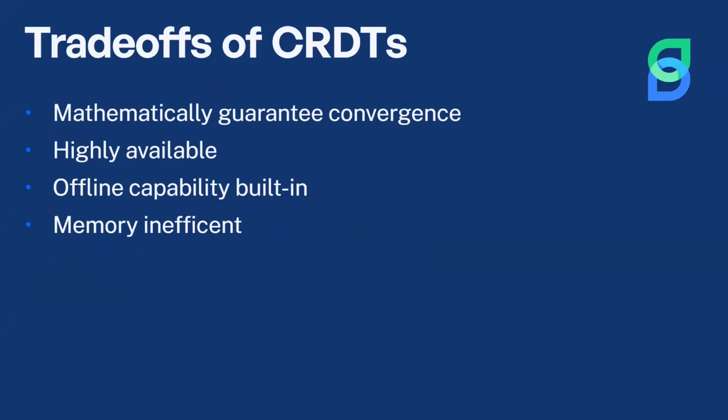And because of these mathematical properties that they adhere to, the replicas are guaranteed to converge. But they also do come with some disadvantages. The main one is that to make the operations commutative, the CRDT needs to store additional metadata. And this means that they often come with significantly more memory overhead than alternatives like OT.